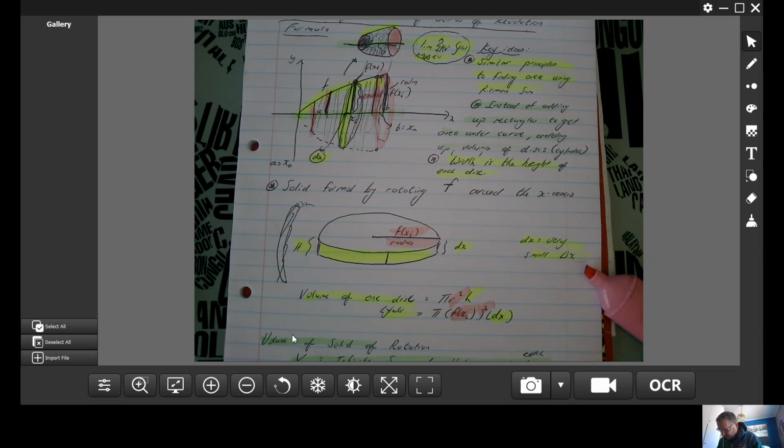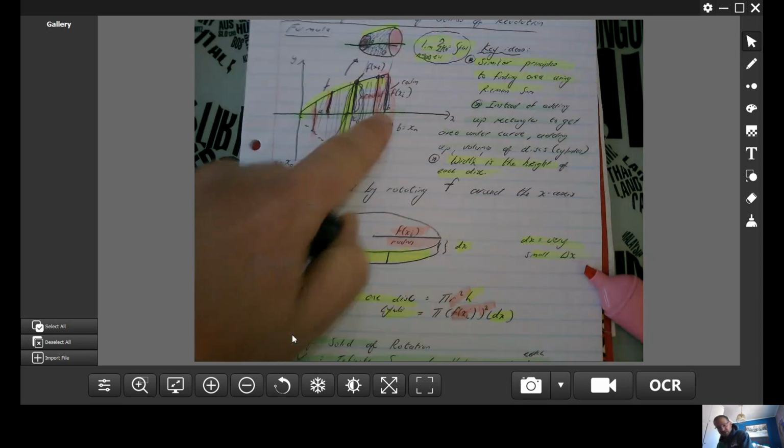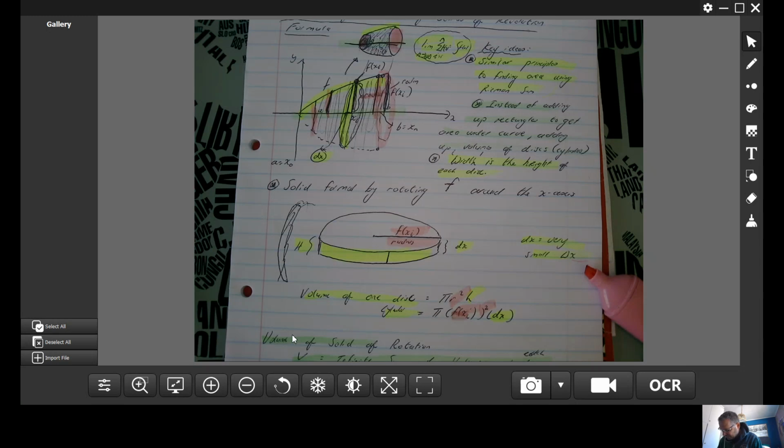But now we can express the infinite limit as the integral between a and b, the region we're working with. So it's the integral between a and b of pi, and now we drop the xi notation and just refer to it as f of x squared with respect to x. So there's our f of x squared with respect to x.